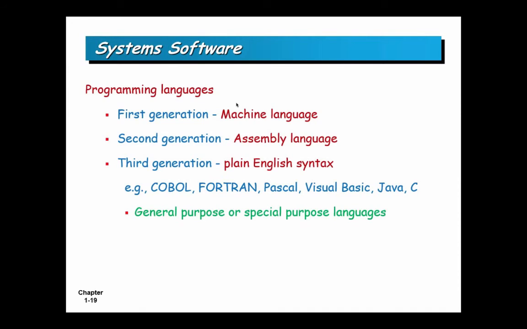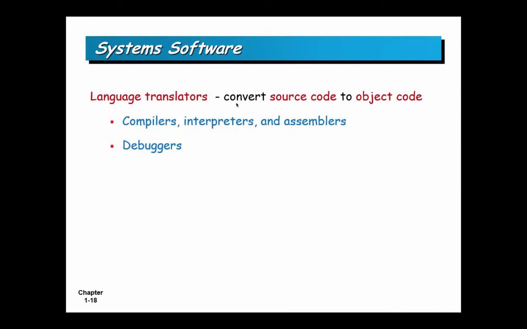The second generation wrote in assembly language. Not quite English, but at least you could kind of see a logic in it. Then the assembly language would have to be assembled into object code.